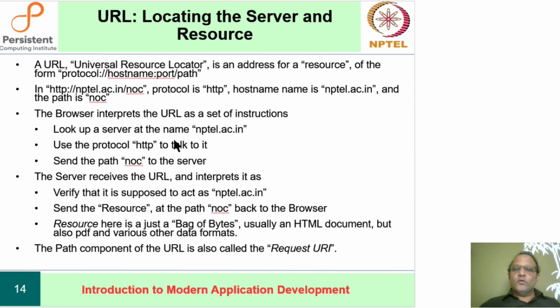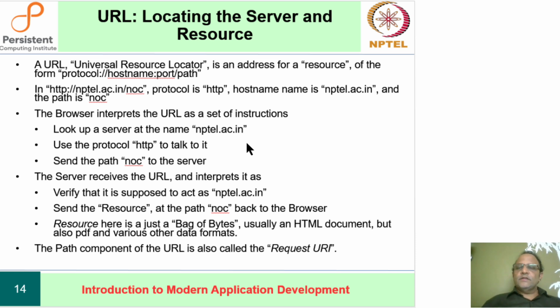One is the hostname and port, which identifies the server, the path, which identifies the resource inside the server, and the protocol, which for most common uses just turns out to be either HTTP or HTTPS. For example, in http://nptel.ac.in/noc, the protocol is HTTP, the hostname is nptel.ac.in, and the path is NOC.